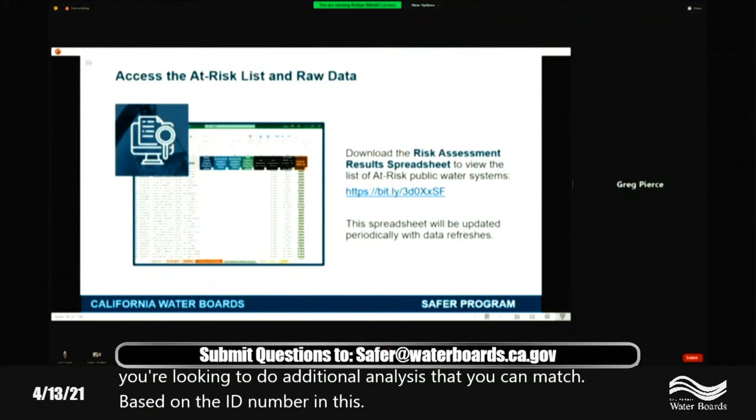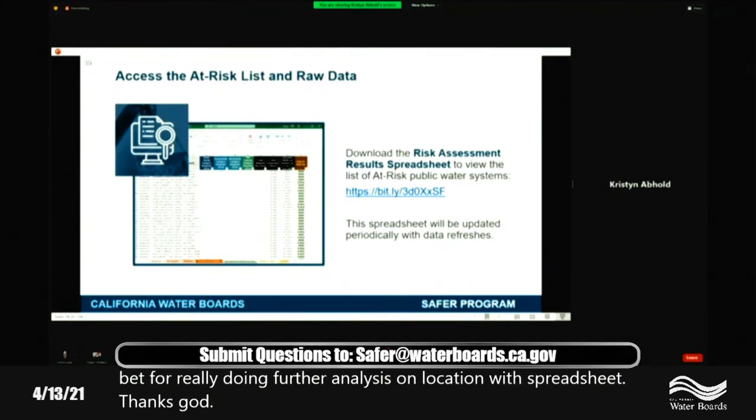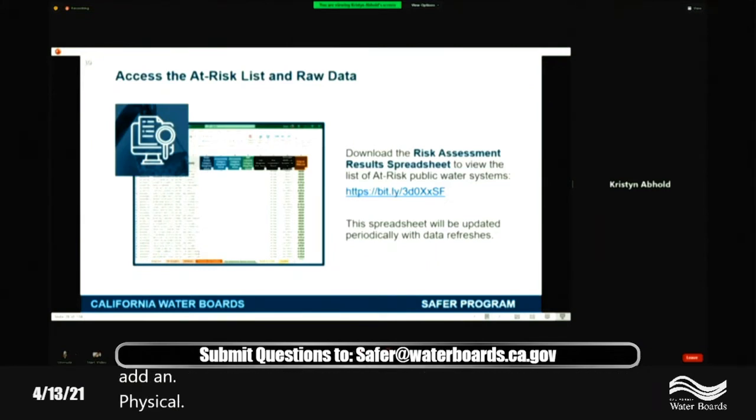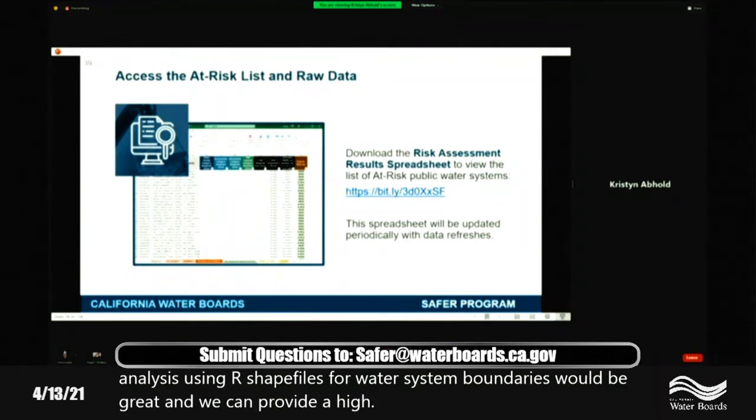So that's the best bet for doing further analysis on location. Thanks, Greg. That's a really great point. I think we can definitely add a physical address, but I think you're right that for additional analysis, using our shape files for water system boundaries would be great. And we can provide a hyperlink to that as well.